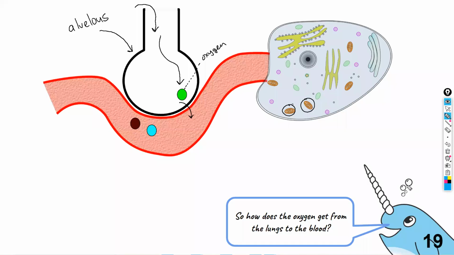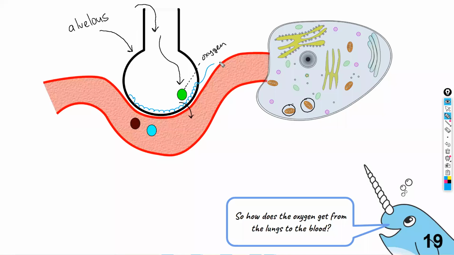So a lot of people don't know this, but inside your lungs always has a certain amount of water, a certain amount of moisture. Now, it doesn't have enough to drown you, but the ends of your alveolus have water, moisture on it. And you know why this is important, right?